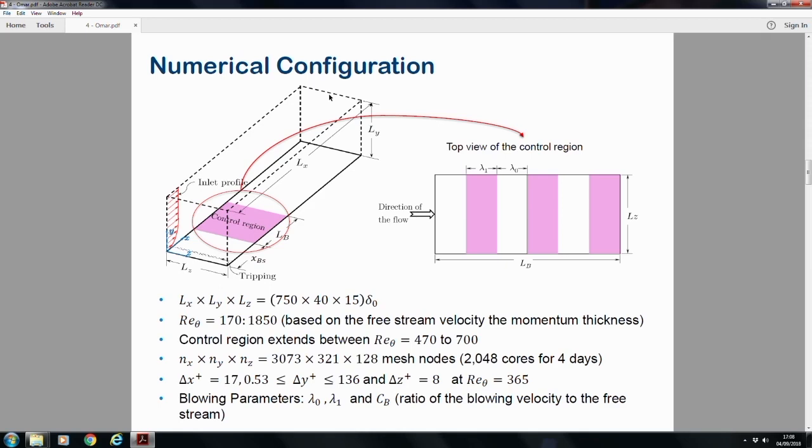This control region could be uniform blowing, or it can be divided into stripes of solid wall and permeable wall. The parameters we're changing are the streamwise length of the solid area and the blowing area. Also, we control the velocity of the blowing.